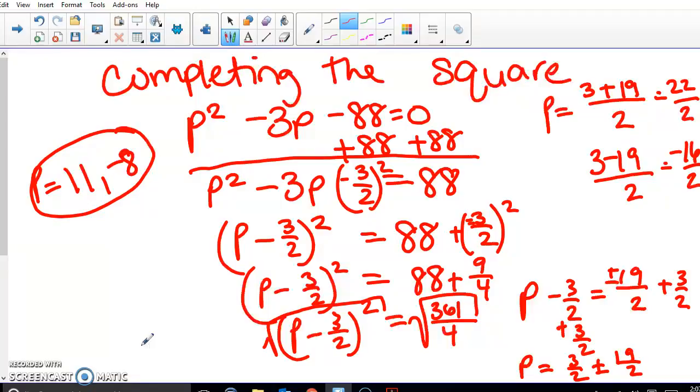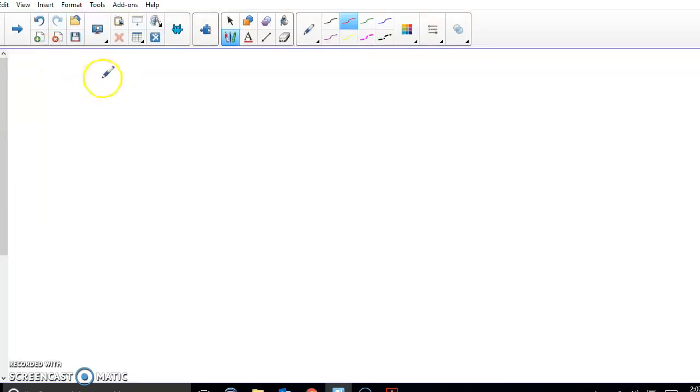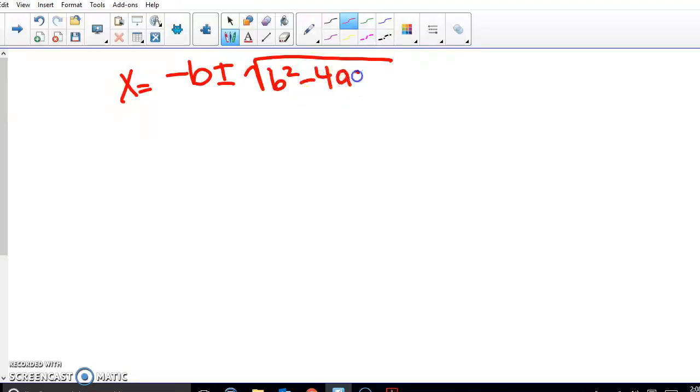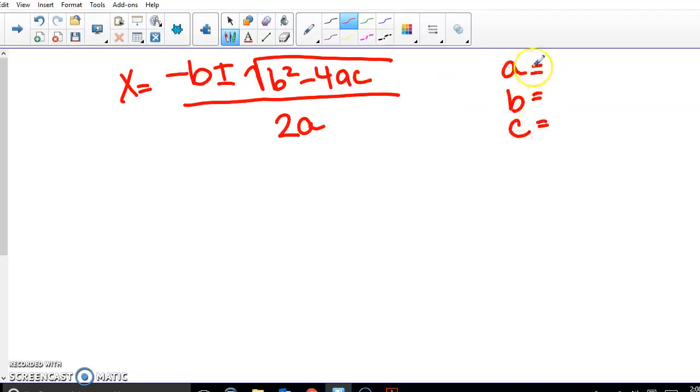The last example that we're going to do is the quadratic formula. The quadratic formula is negative b plus or minus the square root of b squared minus 4ac over 2a, where you need to know your a coefficient, b coefficient, and c coefficient.